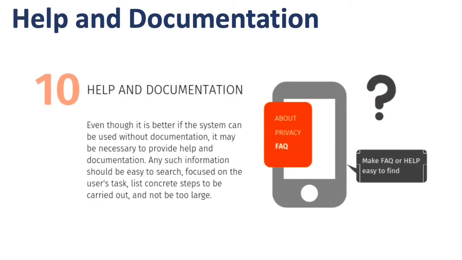And the last, number 10, is help and documentation. Even though a system can be used without any documentation, and any of us can use a website without proper documentation, it may need to provide us some help. Such information should be easy to search and focused on user tasks.